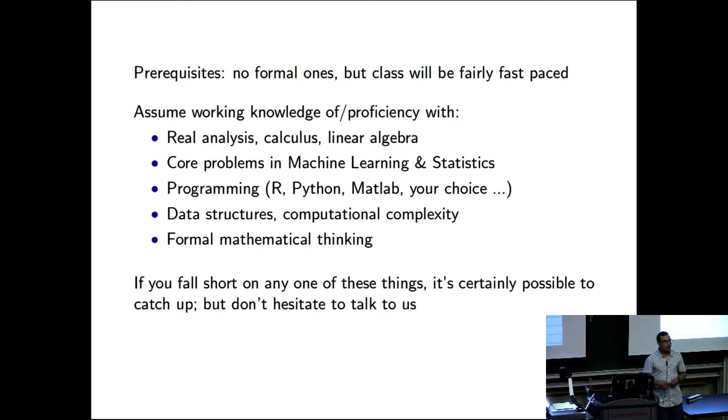So you have to be comfortable with some kind of level of formal mathematical thinking. We might hit on topics outside of these things like analysis, calculus, linear algebra, and we're just going to assume you're comfortable with kind of rigorous mathematical thinking. So I think you could take the course and you could do well if you didn't have all of these things, but it would require you to kind of be active in catching up. So come talk to one of us if you're finding that you're falling behind.